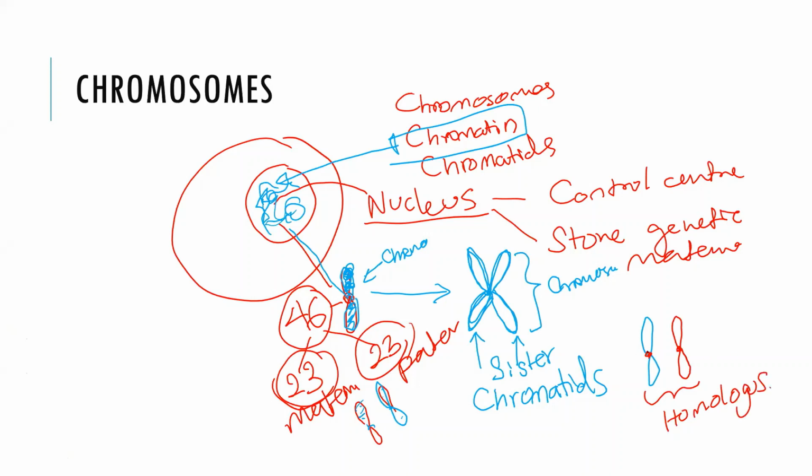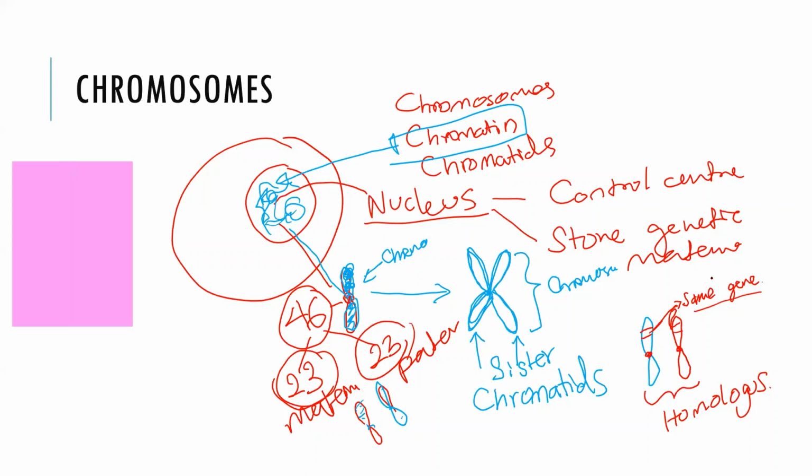If you take one locus, that is one site, they both code for the same gene. The genetic material may differ and may give different results, but they code for the same thing.